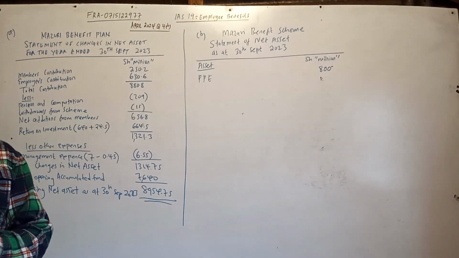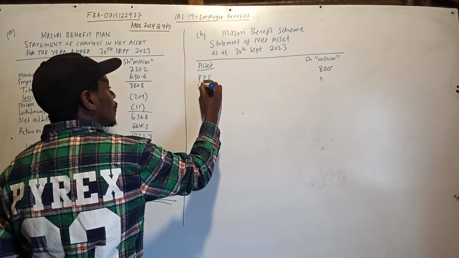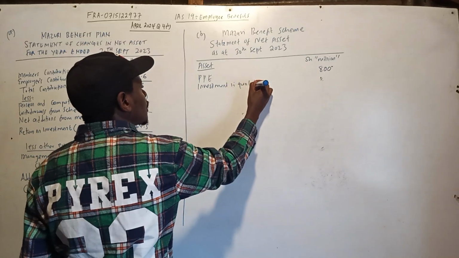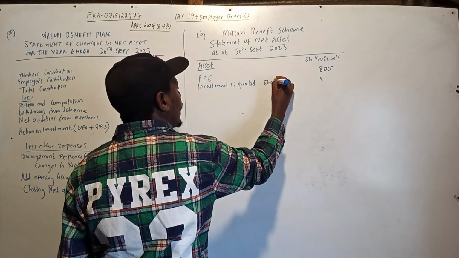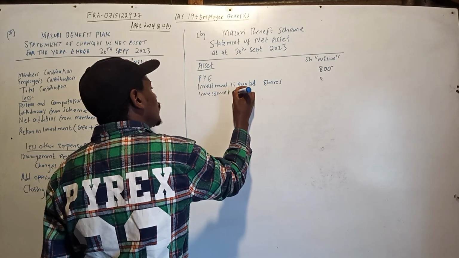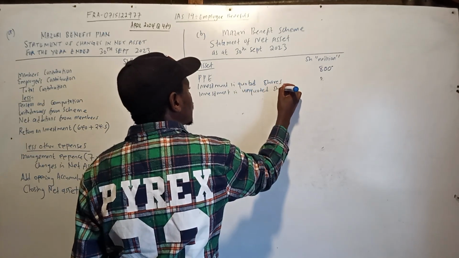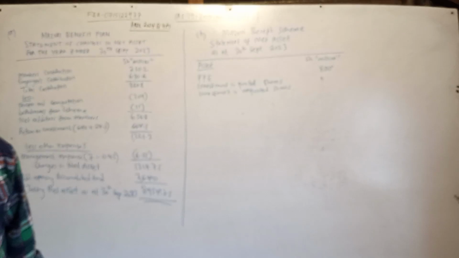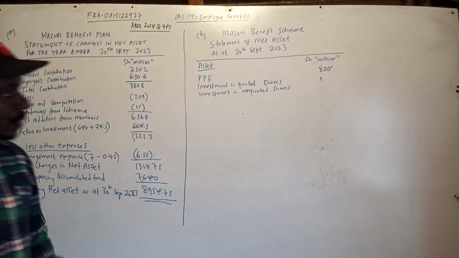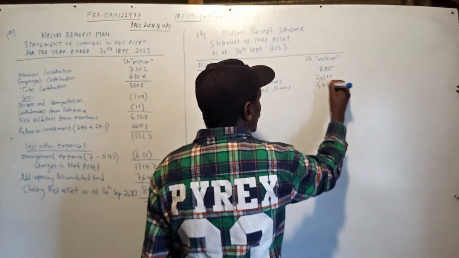Then after PPE, we have investment in quoted shares and investment in unquoted shares as assets. From the question, investment in quoted shares is 2,500 and the other one is 3,000.